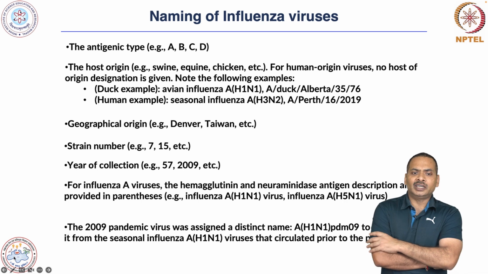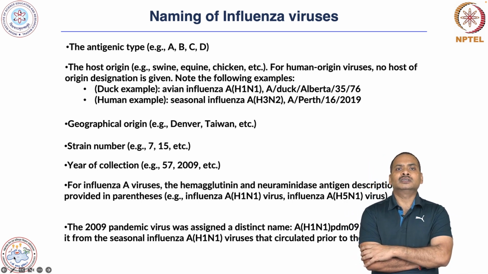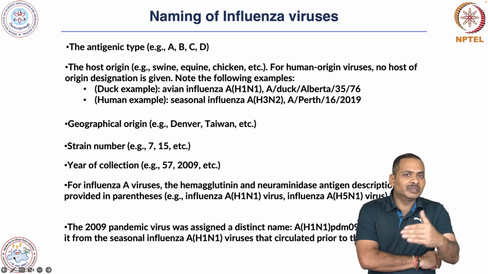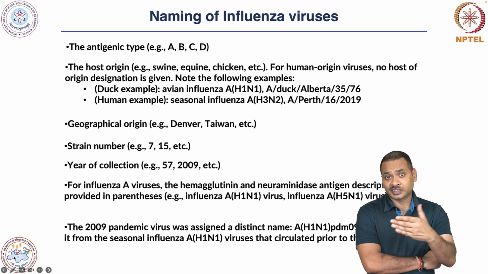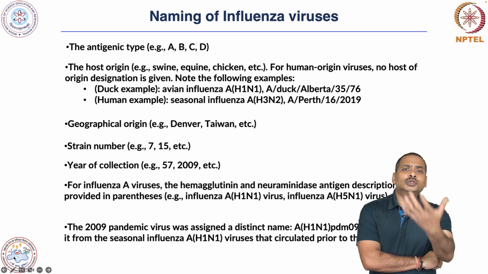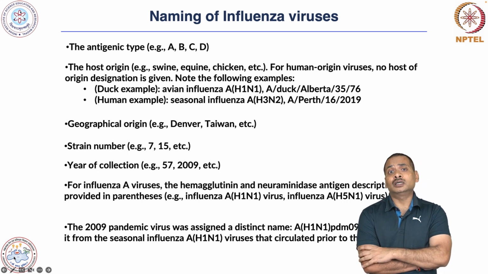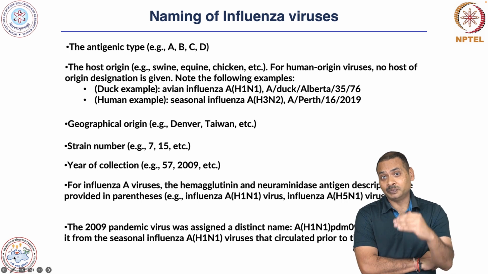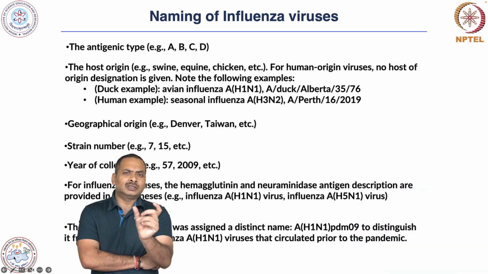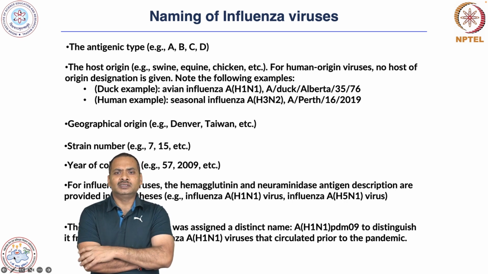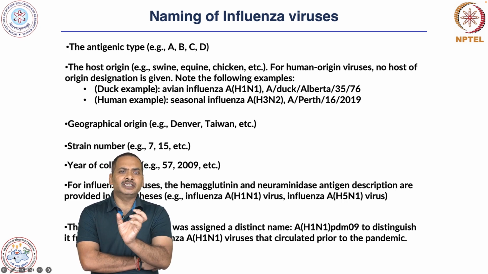In 2009 there was a pandemic virus, so after this pandemic a modification was made in the naming system. All those viruses which cause a pandemic or which have pandemic potential were given the letters and number pdm. PDM stands for pandemic, and 09.